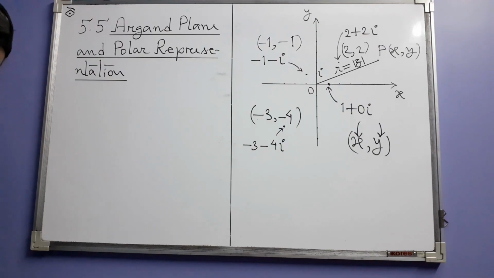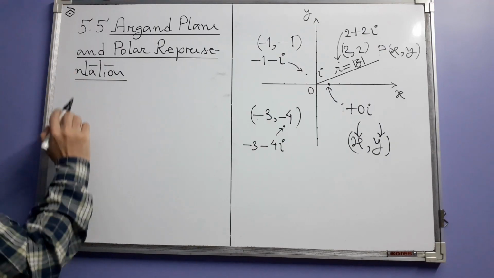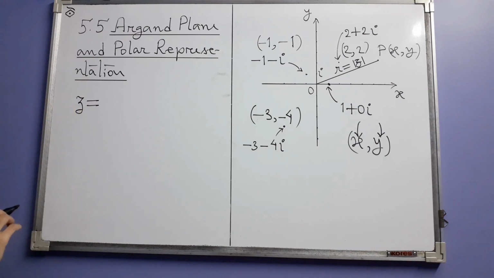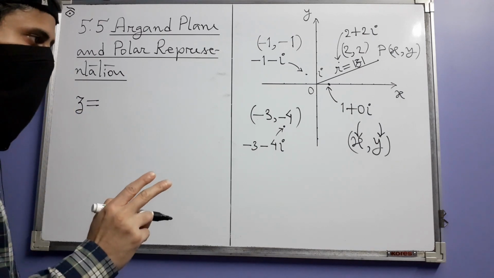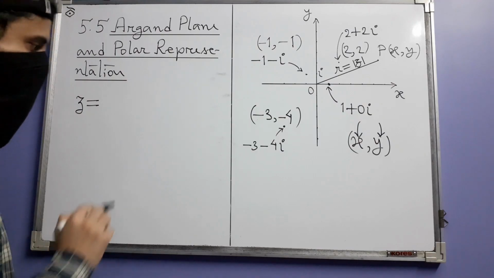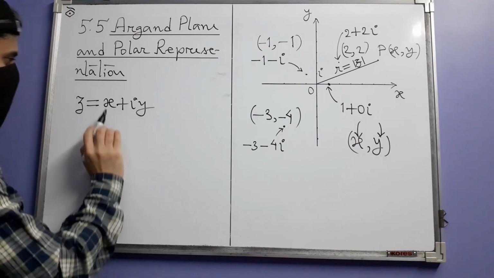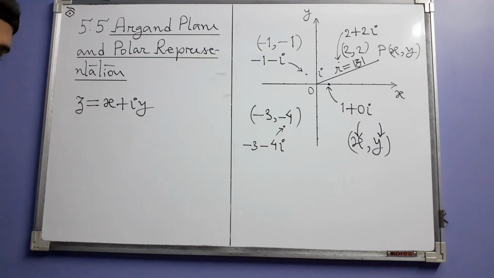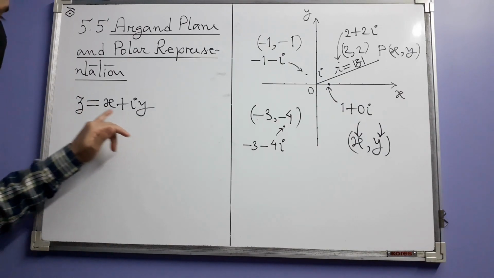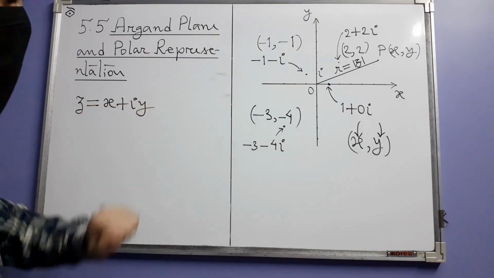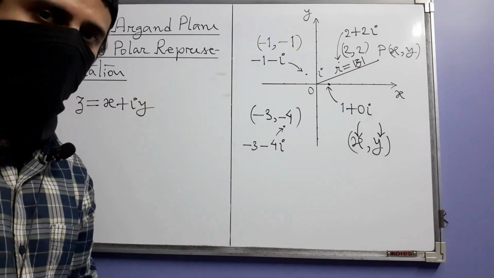Now let's come to complex numbers. A complex number z is also associated with a pair of real numbers in this way. x and y are real numbers and they are associated with the complex number in this way, where x is the real part of the complex number and y is the imaginary part.